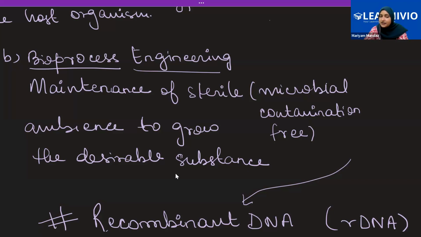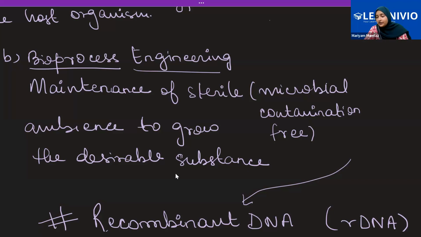Because if contamination happens, whatever your experiment is, it will fail miserably. That is why maintenance of a sterile, contamination-free environment is very, very necessary.